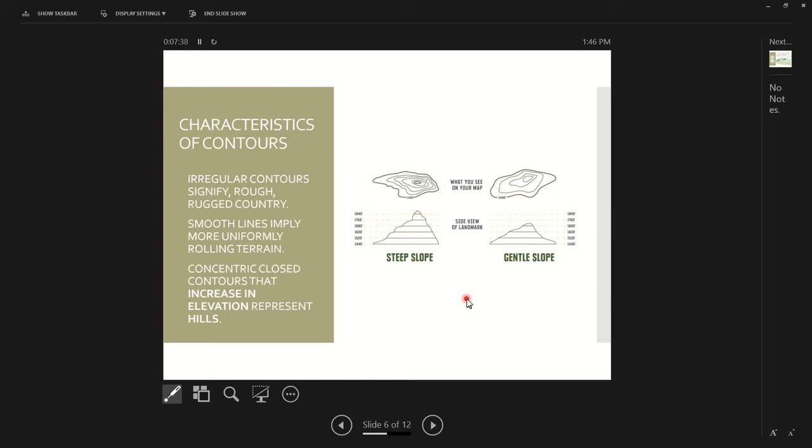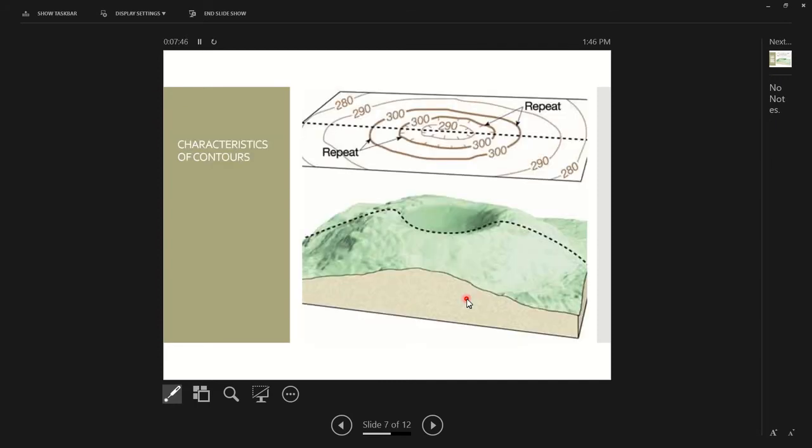Concentric closed contours that decrease in elevation represent holes or potholes or ponds. Okay, so you can sort of see that in this diagram here, where there's like a caldera from a volcano, say, and the contours are decreasing in elevation from 300 down to 290. That makes a hole.